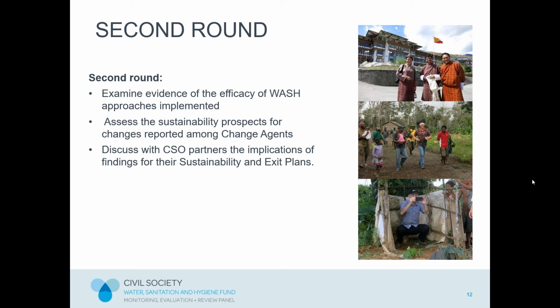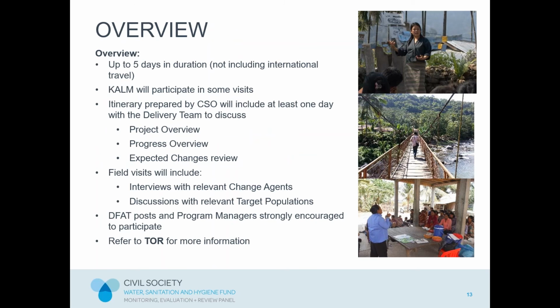And so part of our focus during the second round of visits is to revisit those plans, particularly in the light of evidence you've collected around the performance of the change agents, and open up a discussion around how the sustainability and exit plans might be refined or improved in order to position the projects well by the end of the fund.